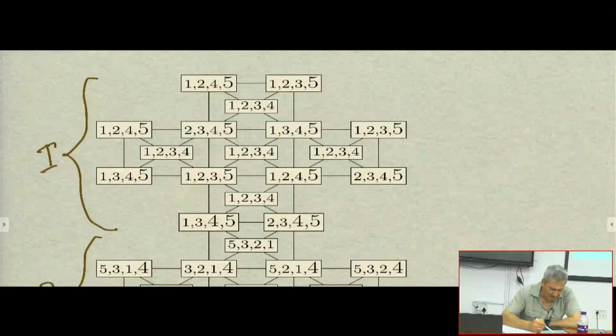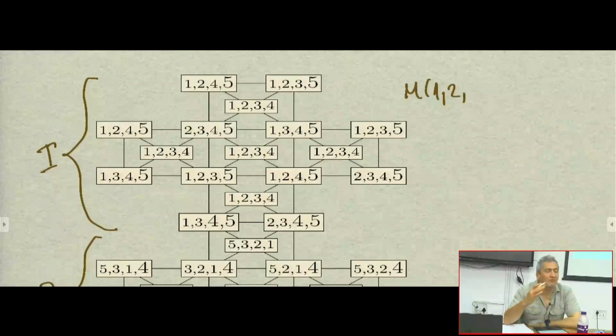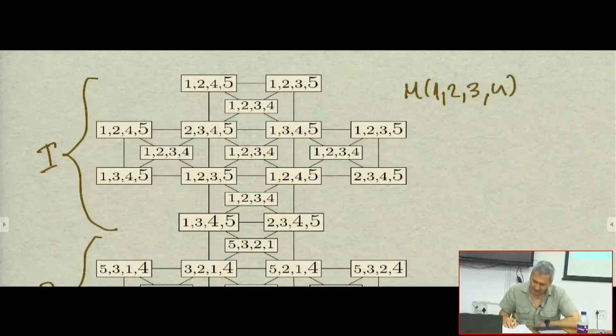Do you agree? This is actually M1, 2. If we remove the letter 5, we're going to have 1, 2, 3, 4. Okay? This is the first M1.